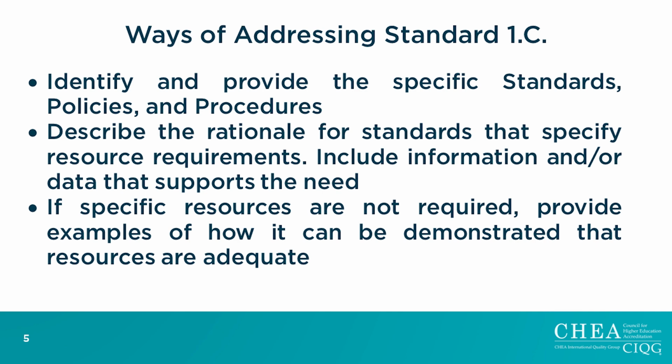The rationale should include information and/or data that supports the need for the specified resource requirements, identifying how the rationale was substantiated, and how the resource is related to academic quality and student success. If the accrediting organization does not have specific resource requirements, provide examples of how determinations are made that institutions and/or programs demonstrate that their resources are adequate.